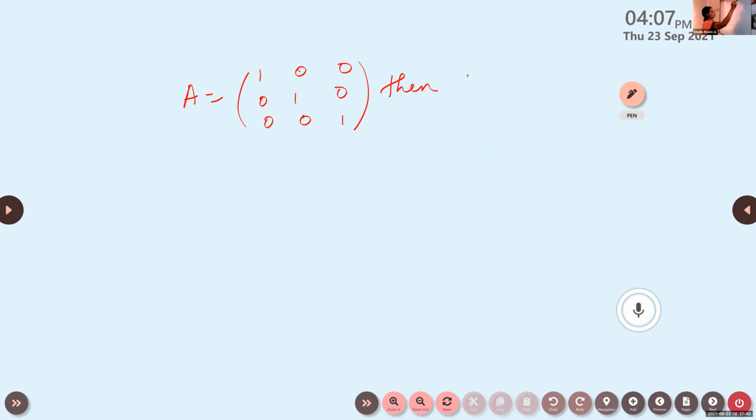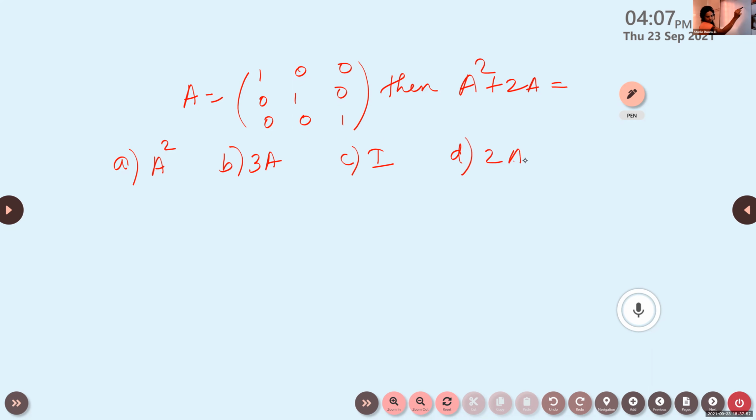Then A square plus 2A is equal to: option A square, B 3A, C I, D 2A. What will be the answer? So it will be A square plus 2A.